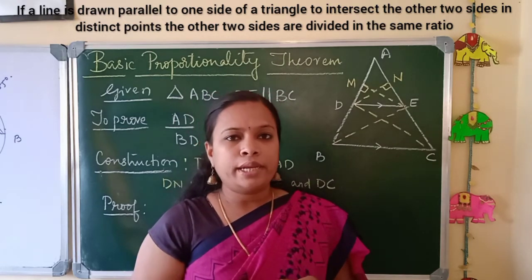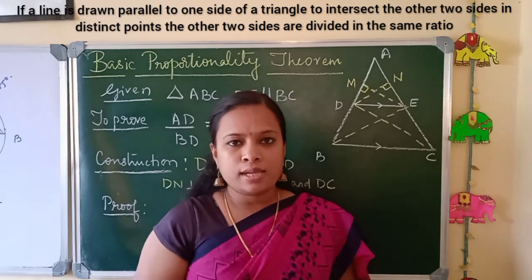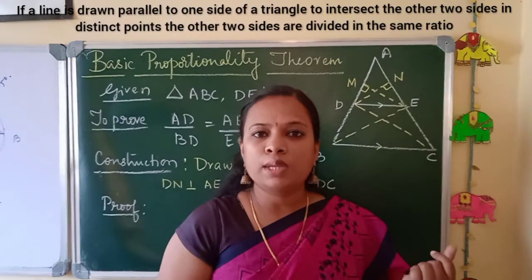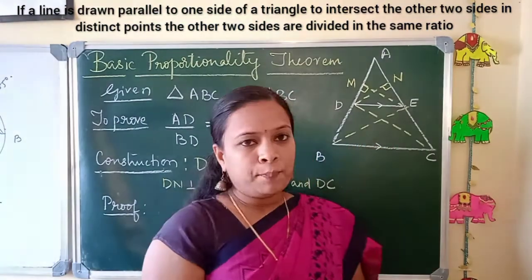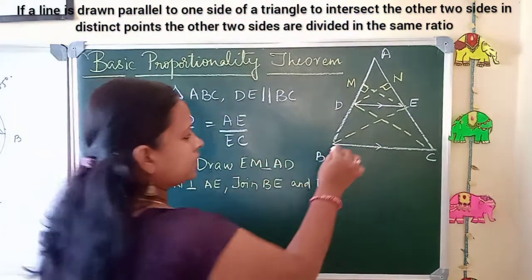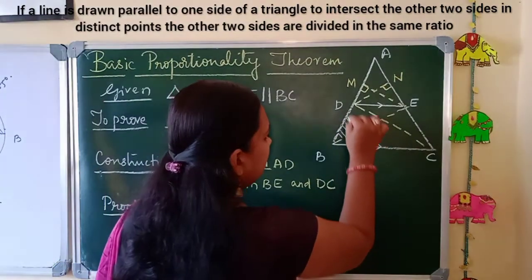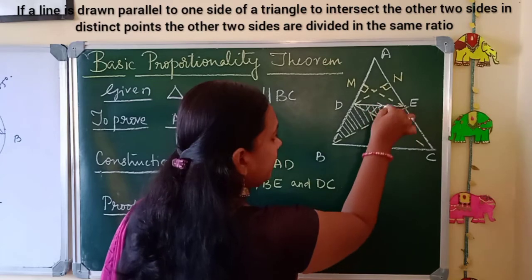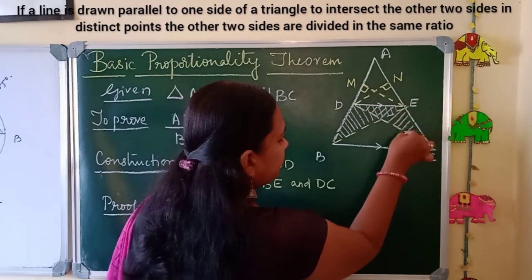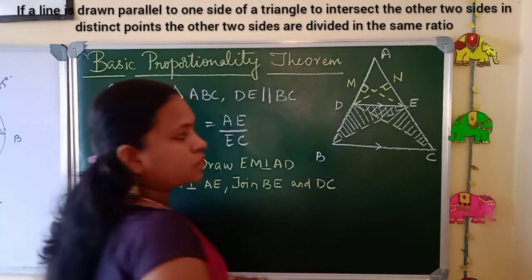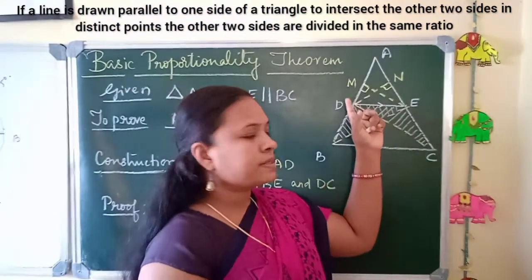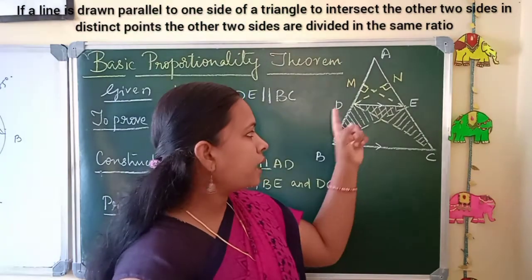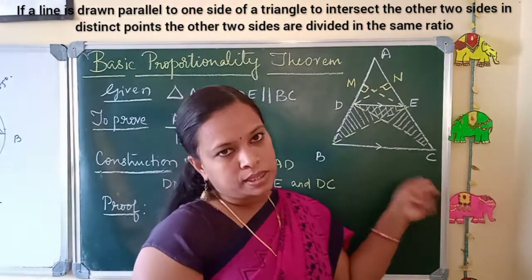So now we will identify two such triangles. When you observe here, these are the two triangles we need: two triangles on the same base DE, and they lie between the same parallels DE and BC.